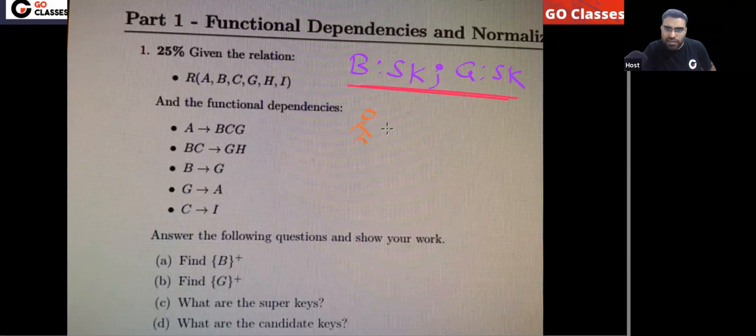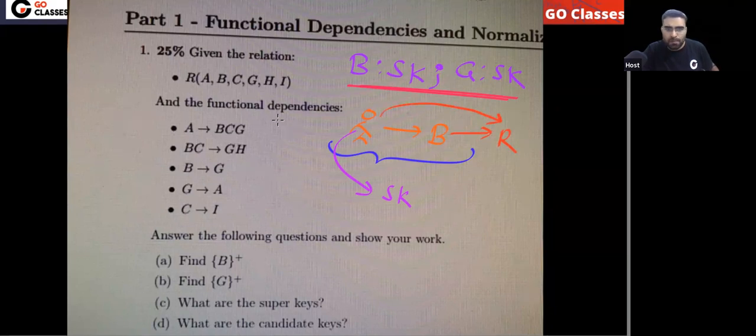If someone can determine B, then can I say that person will also be a super key? Yes or no? Agree? Because this person can determine B and this B itself is a super key. This B itself can determine everything, so this person can determine everything. So this person is a super key. Yes or no? Very simple. Agree with me? Okay.